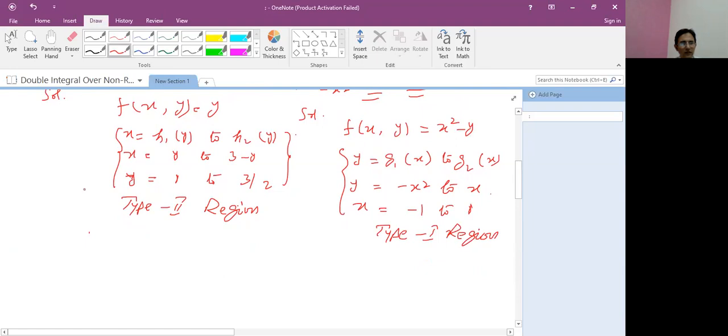So for example, if we consider this application, student, we will solve it according to the definition.